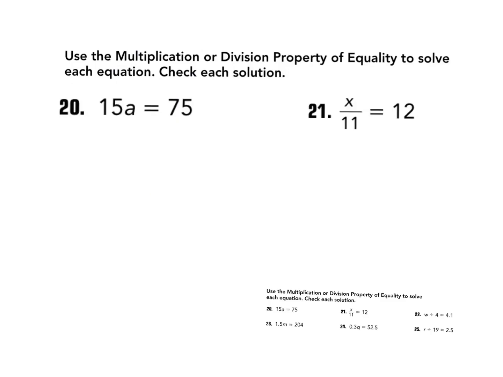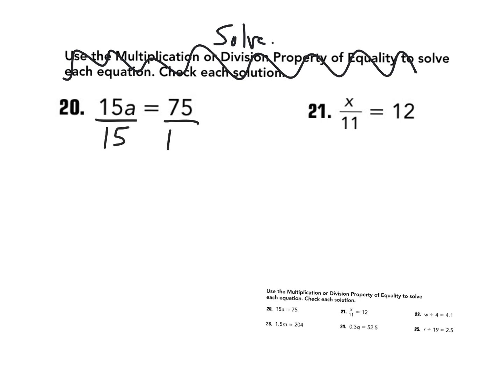We'll look at number 20. Again, the directions on your test, I'm not going to have all this. I'm just going to say solve and check your solution. So on number 20, the 15 and a are right next to each other, means they're multiplying, means we need to divide. And normally this is how we want to show that we're going to divide.